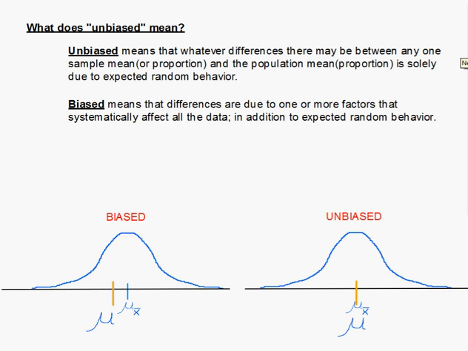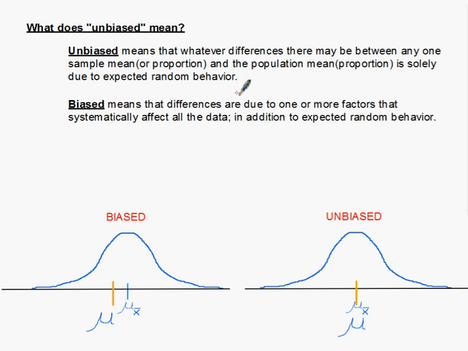So here are some definitions. Unbiased is whatever differences there may be between the sample mean and the population, because oftentimes we would actually expect differences from the population with samples. But the reason for it is solely due to expected random behavior, that normal random variation, which always happens.